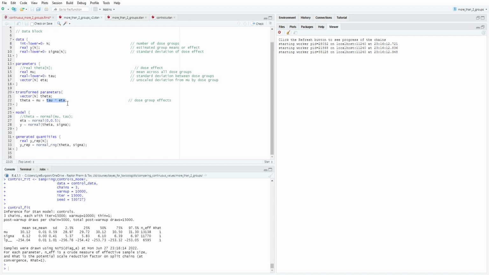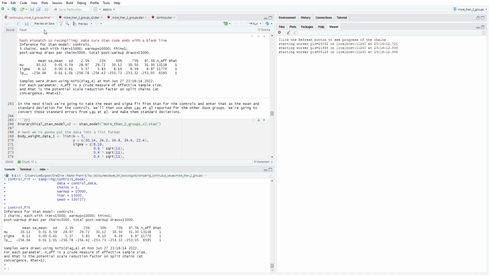So it's just another parameter that we can use to kind of scale tau on a per dose group basis. And then eta is prior normal 0, 0.5. And then this is the model that we're actually trying to fit to calculate what theta is. And then we can have generated quantities that we can deal with if we want.